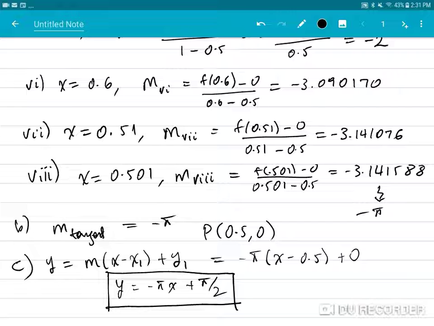That's what they're asking, and this is what the calculation looks like.